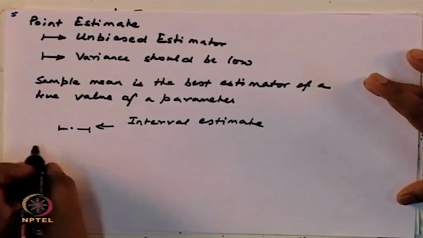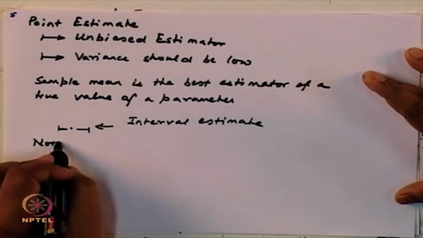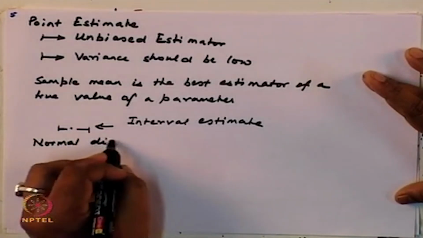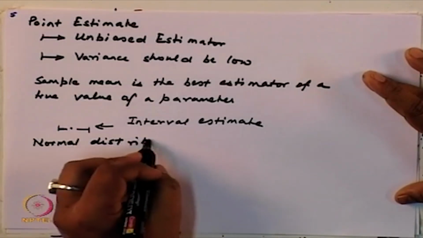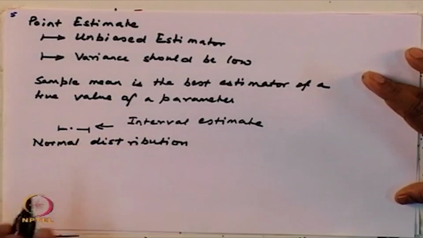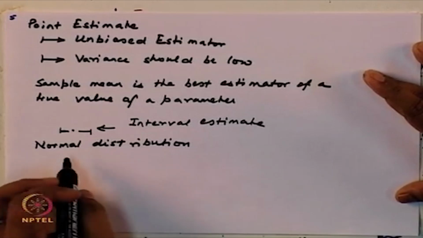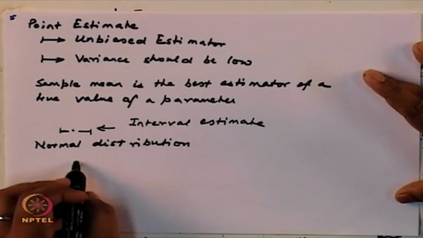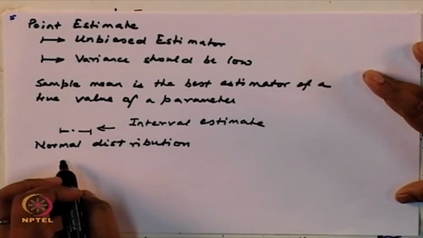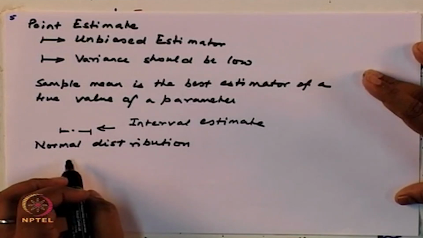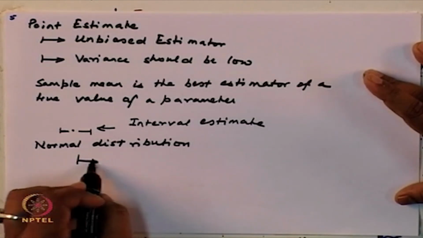For a normal distribution, we know that between two standard deviations roughly 95% of the data is there.